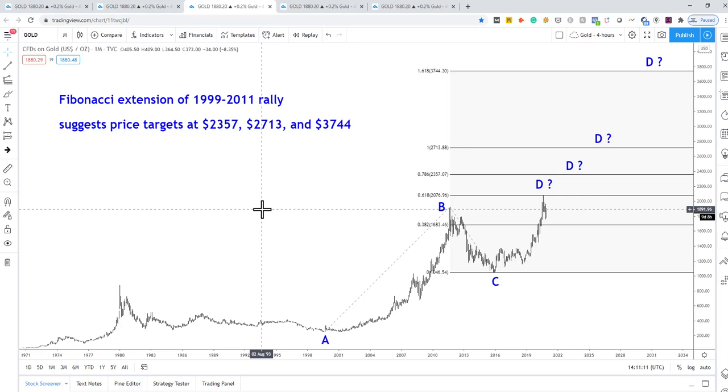This is a Fibonacci extension of the previous big rally, 1999 to 2011. With the Fibonacci extension tool, we pick three significant pivot points. This is the start of our rally, the top of our rally, and then what we believe to be the bottom of the subsequent correction.